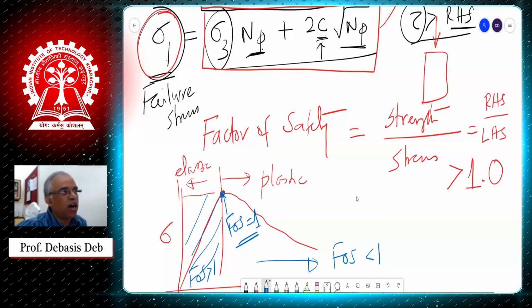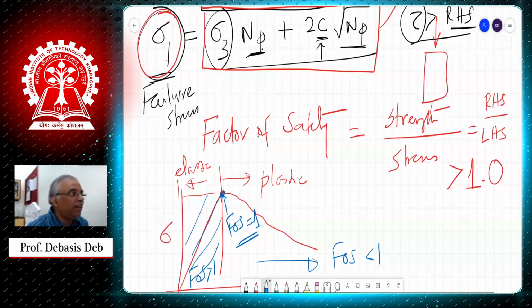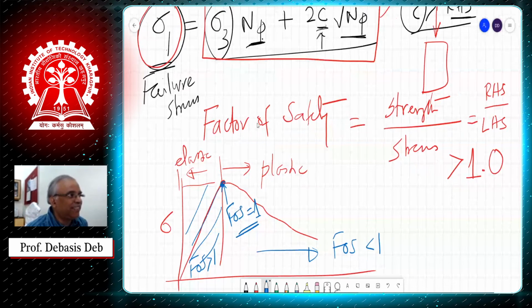I hope you understood what this failure criteria or the yielding criteria means. There will be a strength part and a stress part. Now when we write it like this, in this case sigma 1 equals this, then we are saying that stress is exactly equal to the strength.